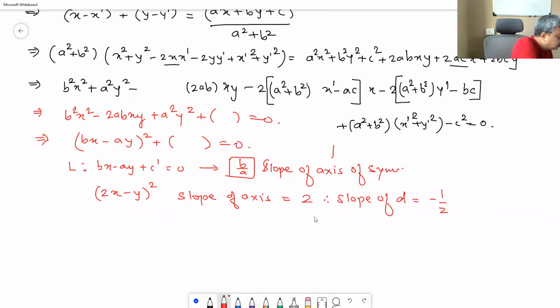But am I getting the slope of directrix as minus 1 by 2? Is something wrong?